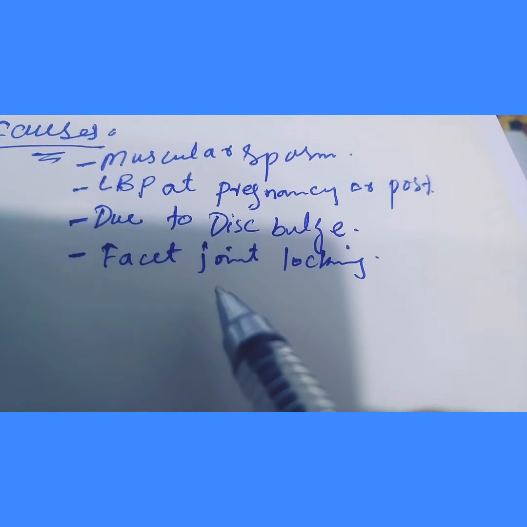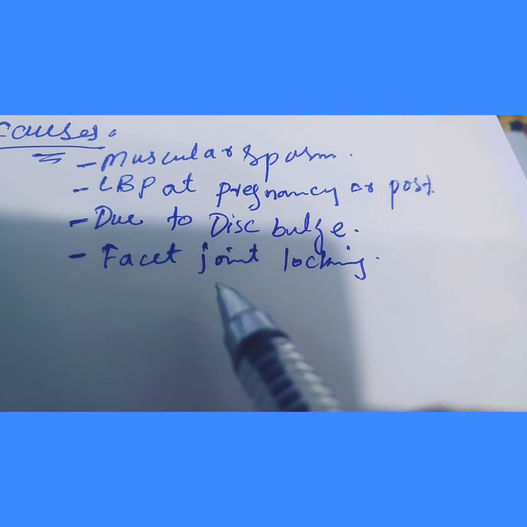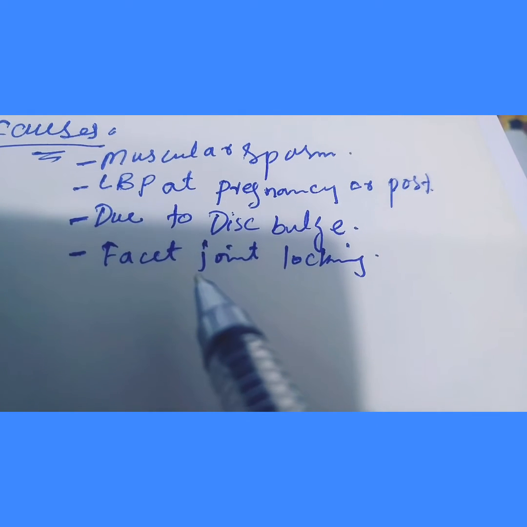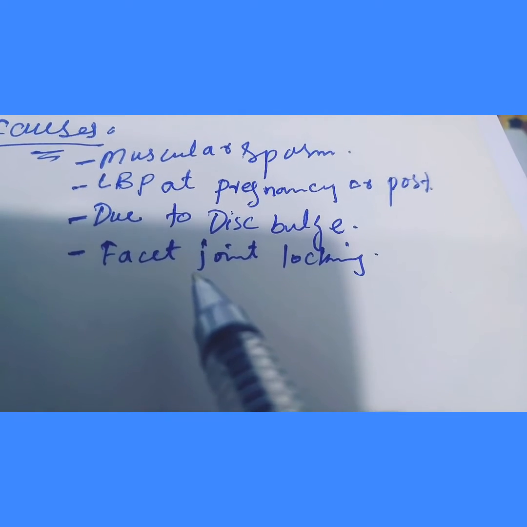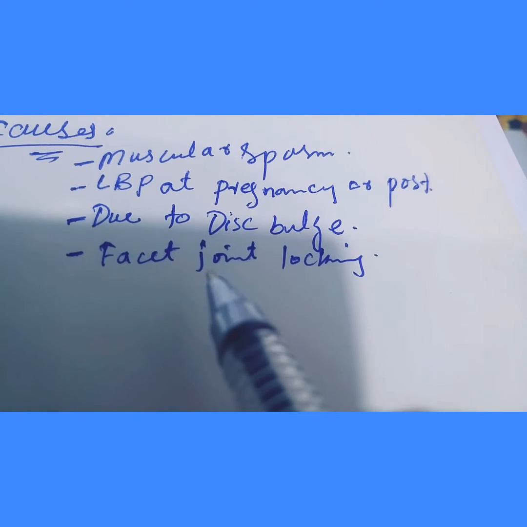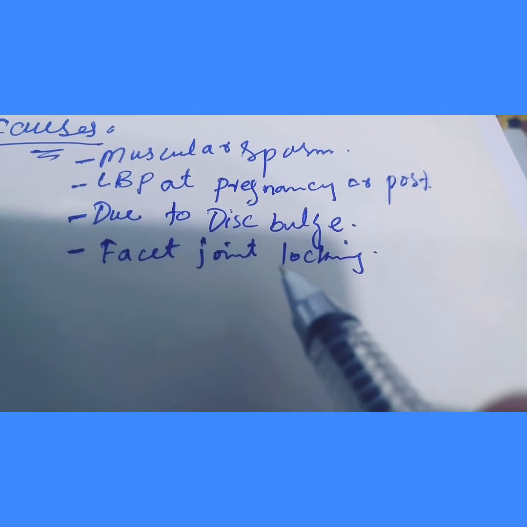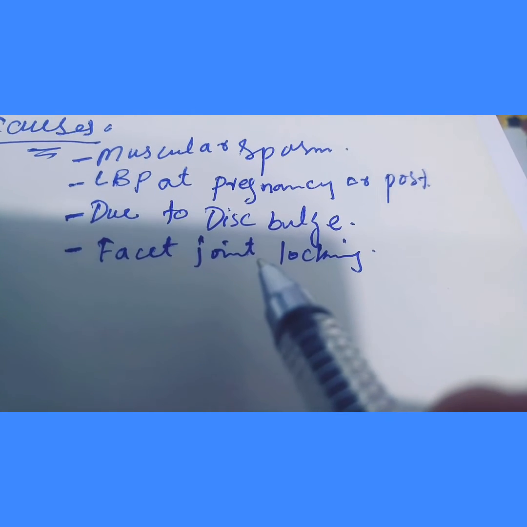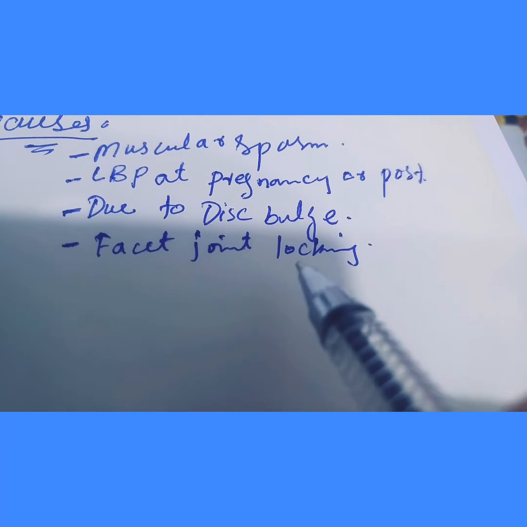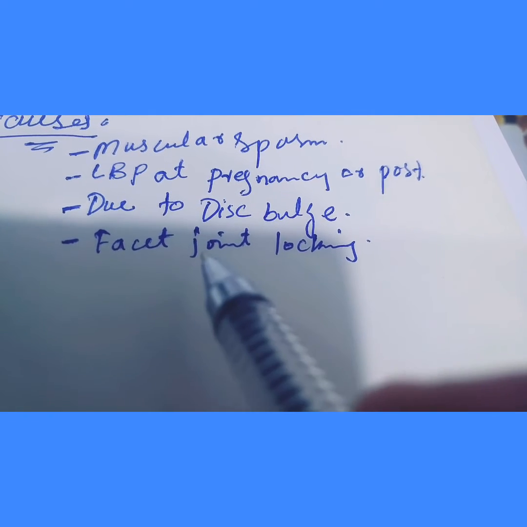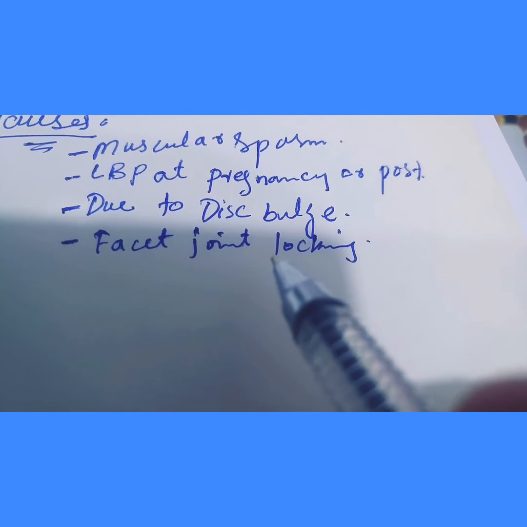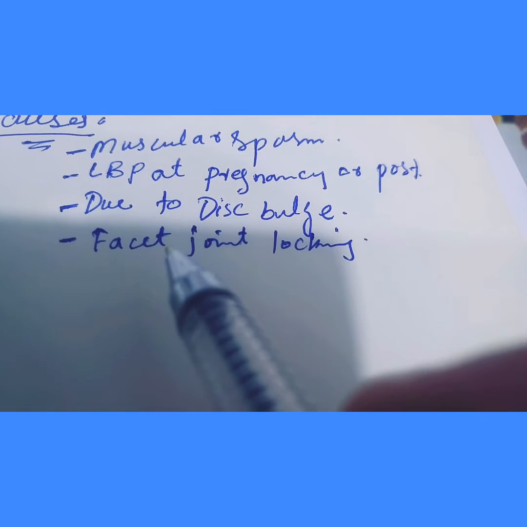The facet joints are the joints present between the transverse processes of the vertebrae. When these joints become locked, that can cause lower back pain. This facet joint lock can also be due to bad posture.